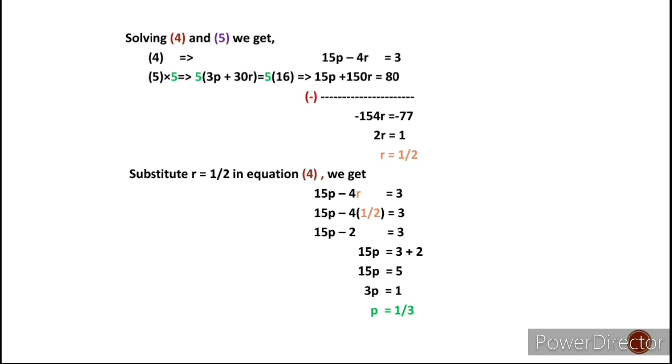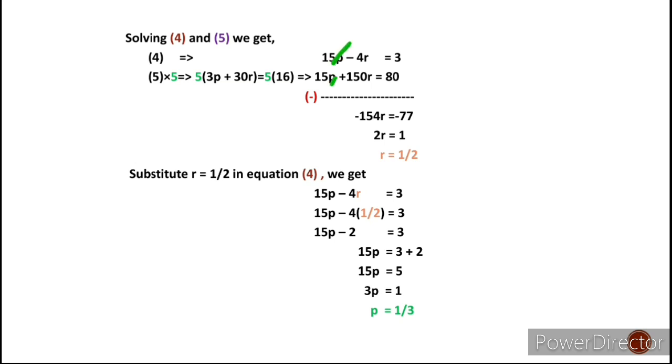Once again I tell you, 5 3s are 15, then 5 into 30 is 150, then 5 into 16 is 80. So simplify this. Subtract this: 15p minus 15p gets cancelled.